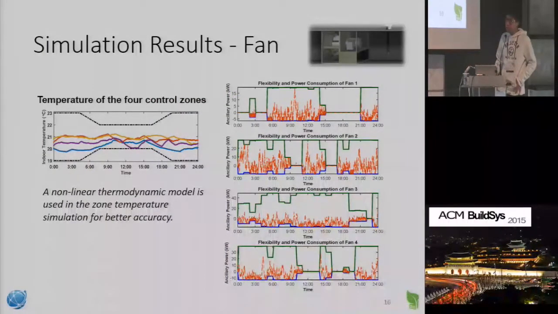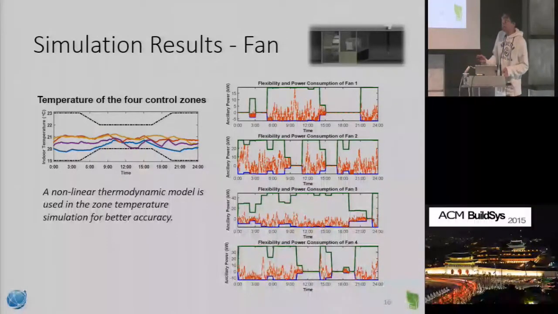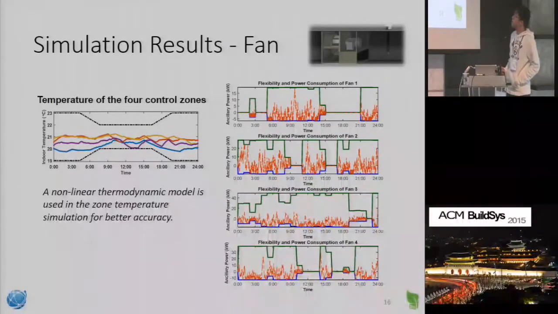And for the fan, for more accurate results, we use a nonlinear model in the simulation for simulating the temperature evolution. As we can see, the red trace is the actual power consumption of each fan, and the green and blue are respectively the upper and lower bounds of the ancillary power.